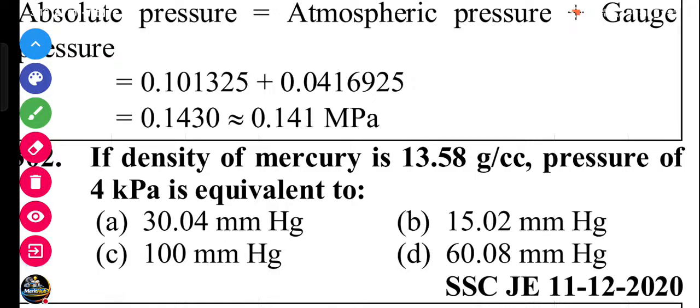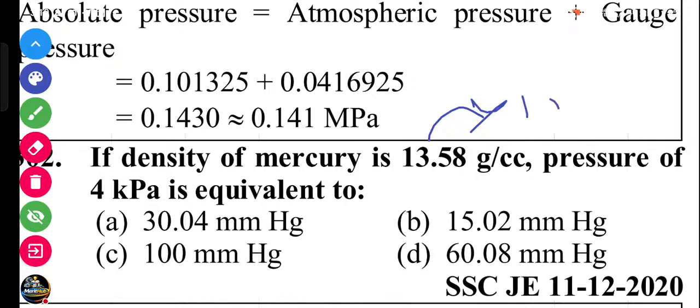Next question, friends. If density of mercury is 13.58 gram per centimeter cube, pressure of 4 kilopascal is equivalent to. Simply, first it is converted into kg per meter cube.